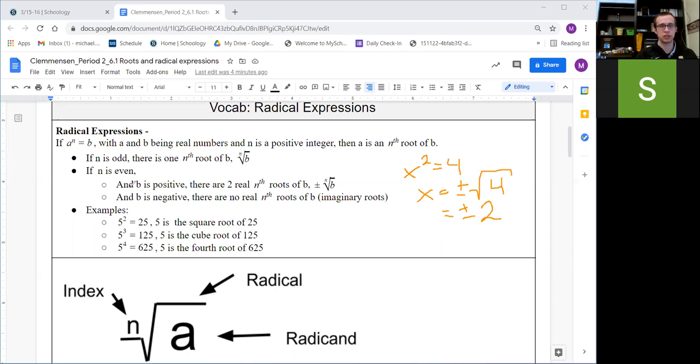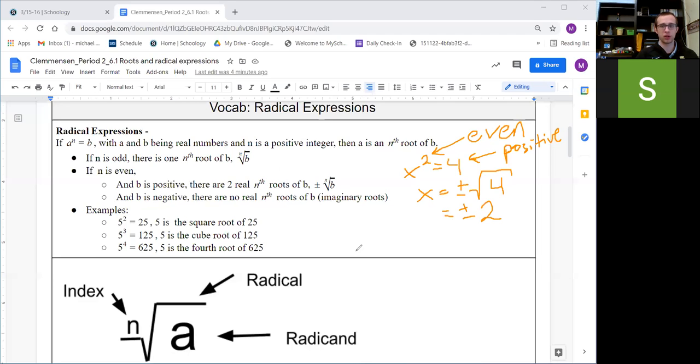So it's saying that exact thing: if n is even, and this number is positive, then our solution will be like this, plus or minus the square root.